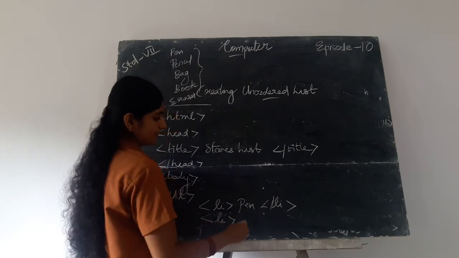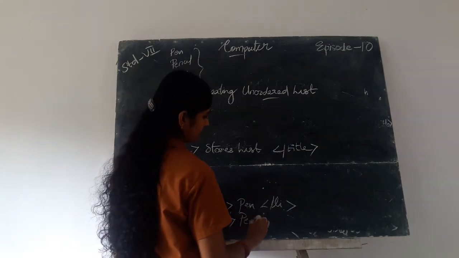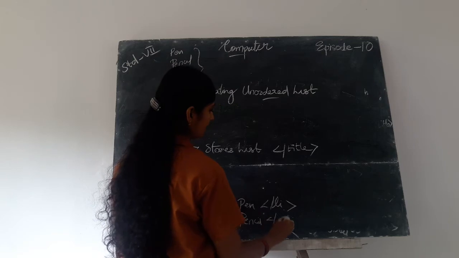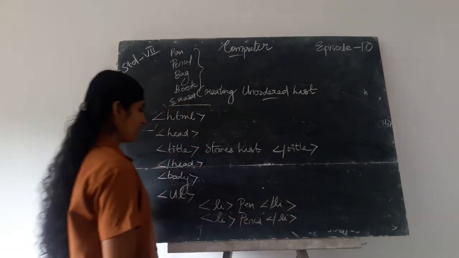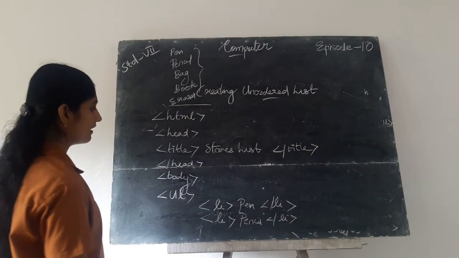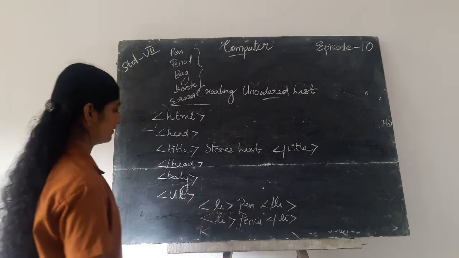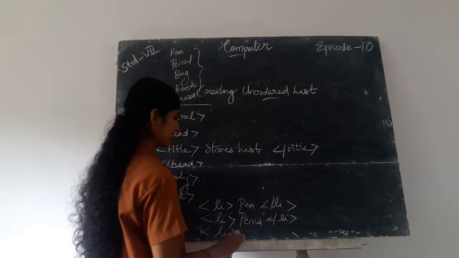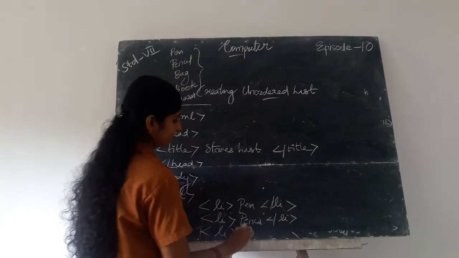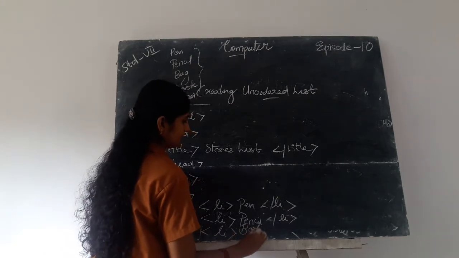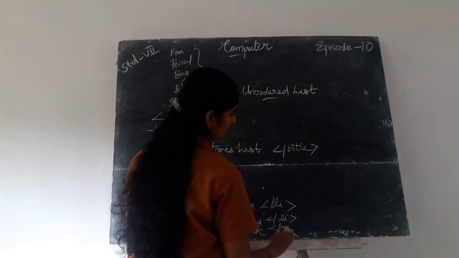So write pencil and then close the list. Third one is list book. Then close the list.